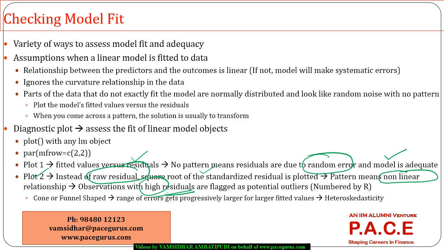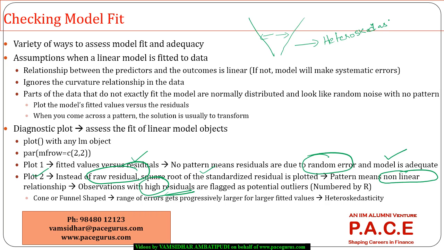So if I see some kind of a cone shape, something like this, it means there is a kind of non-linearity present in the data, because as the fitted values are going in either of the directions, the errors are typically increasing. The standardized errors are typically increasing, which is an indication of heteroscedasticity present in the data.